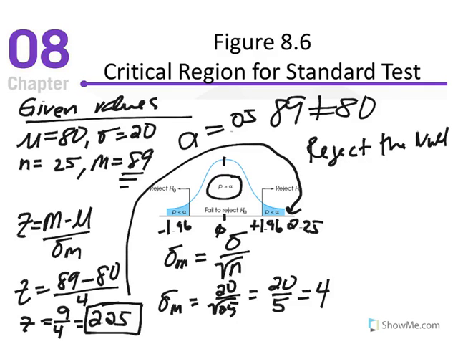Again, the null says that there's no difference between 89 and 80. So initially, what the null is stating is that 89 is equal to 80. Numerically speaking, we would say that that's not true, but statistically speaking, the null says they're no different from each other.